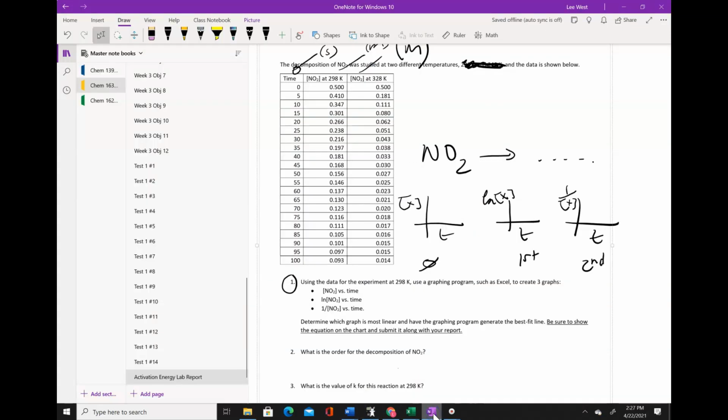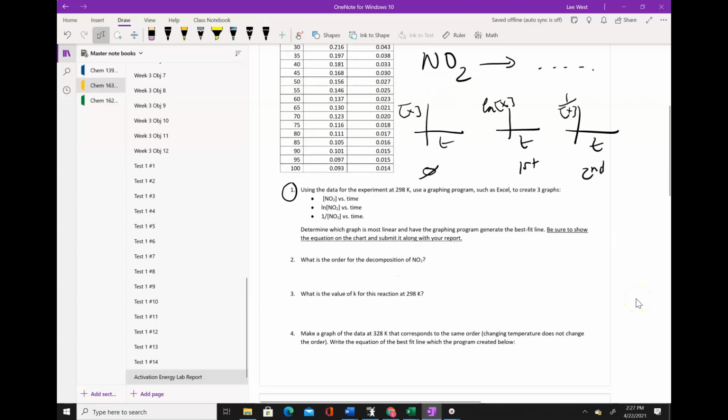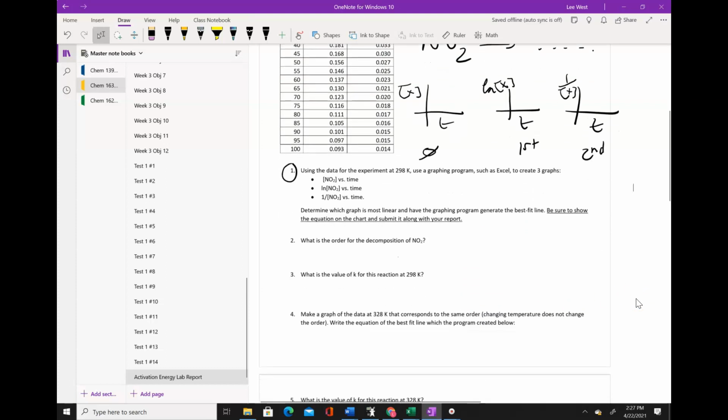So I'll go back to my lab report now, and here we are. We can start asking it, right? So it says, using the data for the experiment, use a graphing program such as Excel to create 3 graphs. We did that using that data. Determine which graph is most linear. It was that one.